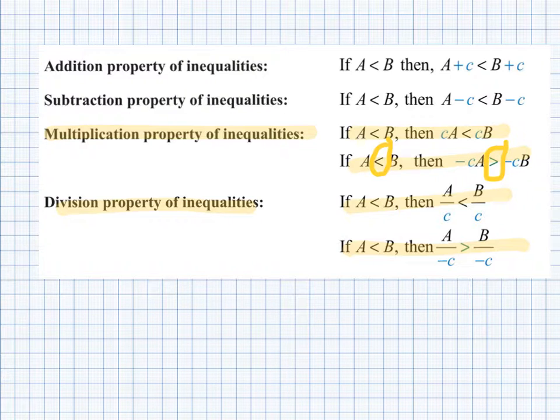So the same thing, division property of inequalities, if A is less than B, then A divided by C is less than B divided by C. However, if A is less than B, then A over negative C is greater than B over negative C. And so once again, you can see that we switched the inequalities because we had a negative number that we have introduced into this. So that's important to remember that a negative number will change the direction of the inequality.